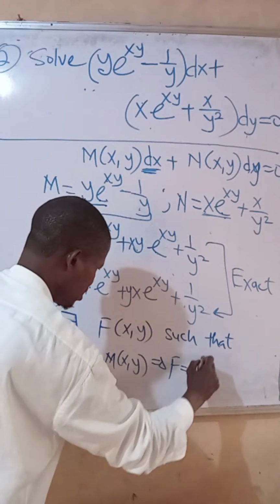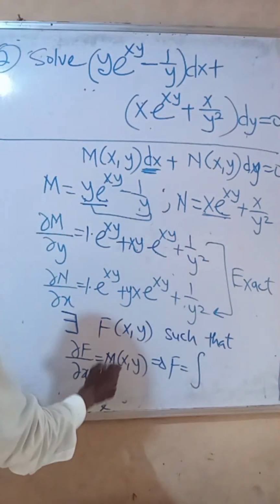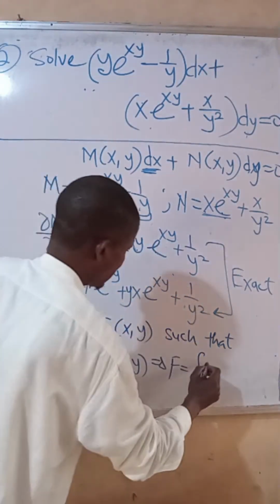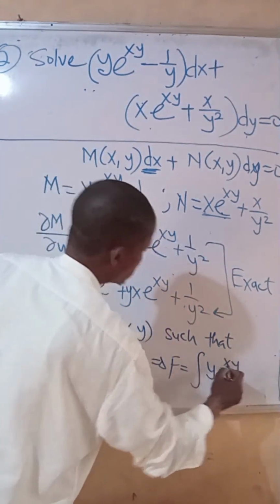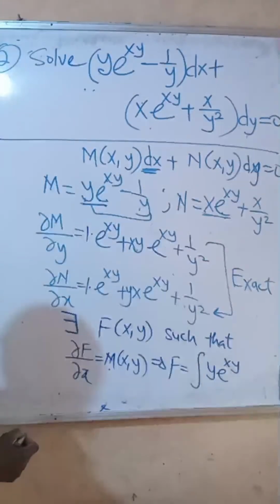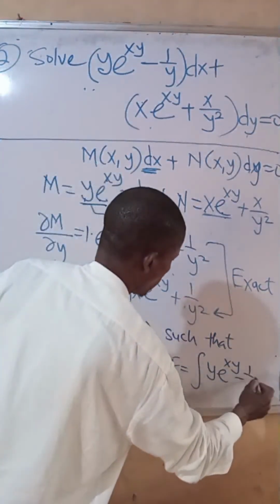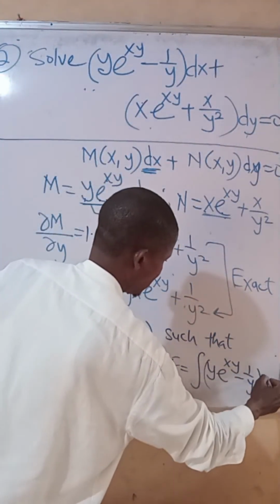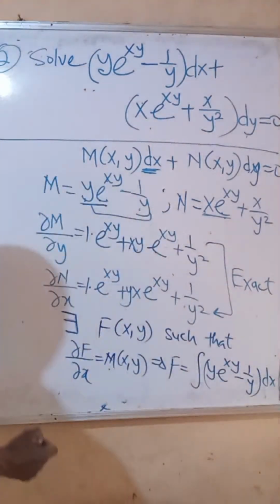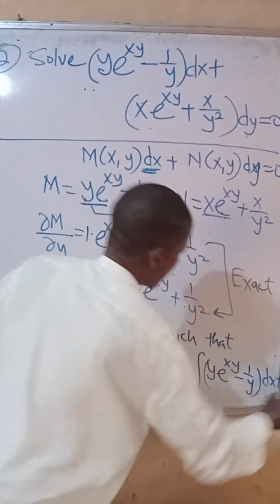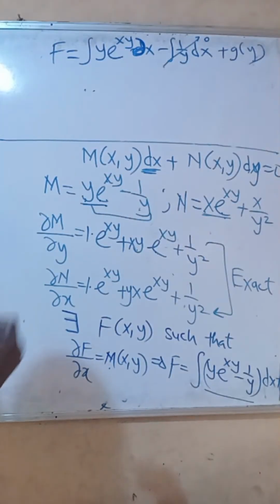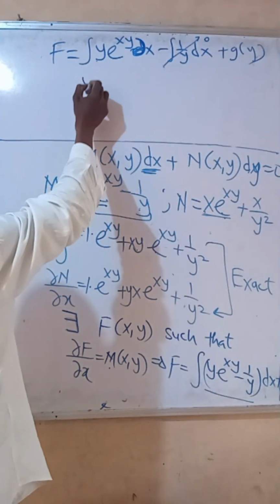F is equal to integral of, my M is what? Let's check that. My M is y e to power xy, that's all we have, then minus 1 over y dx, and then plus the arbitrary constant g of y. In integration, the y is just a constant. Leave it there.